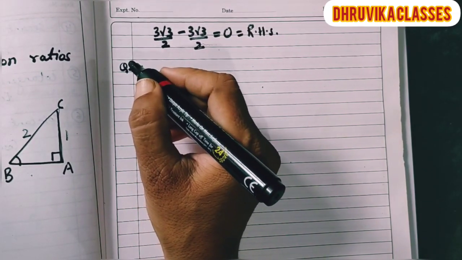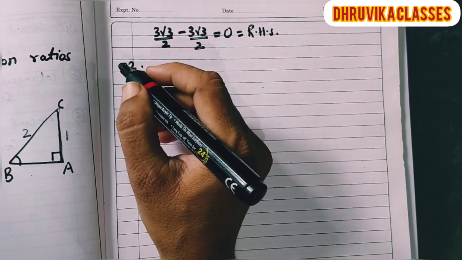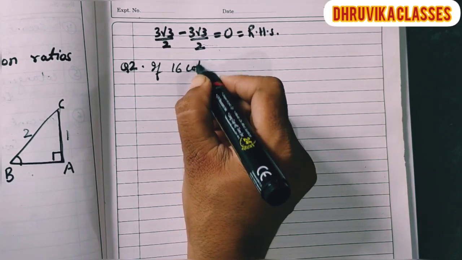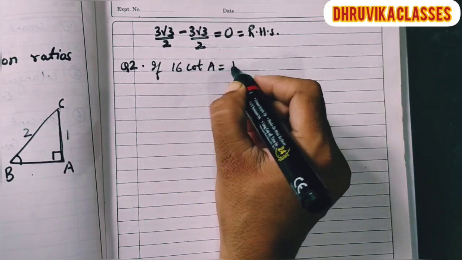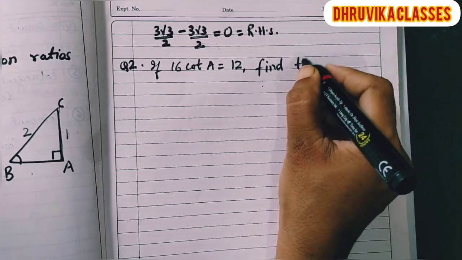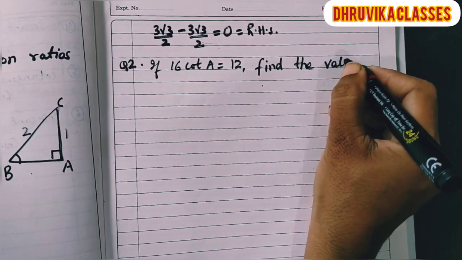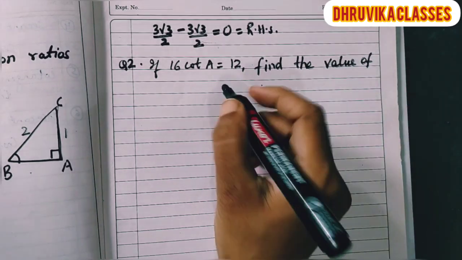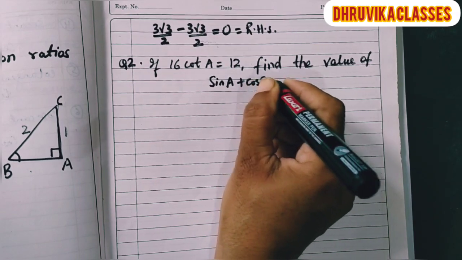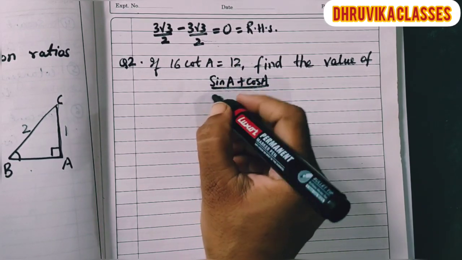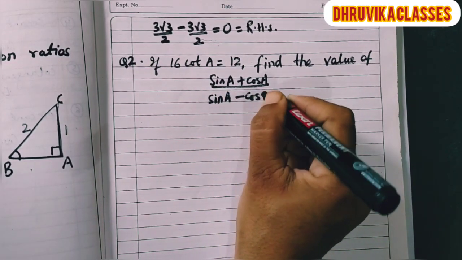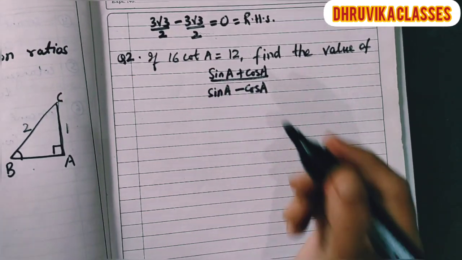Question number 2 is, if 16 cot A is equal to 12, find the value of sin A plus cos A by sin A minus cos A. Suppose this is the question.